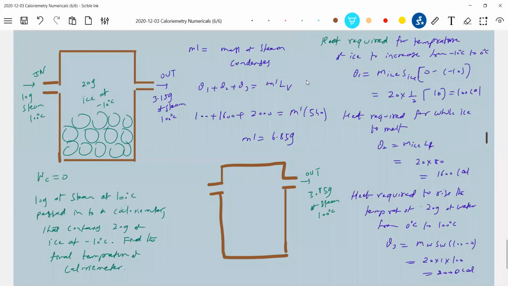Finally, what will we get? We'll get water. We don't get ice. Ice will not be there, you know. 100 degrees Celsius water. Now, what will be the final content? 20 plus 6.85 grams of water.